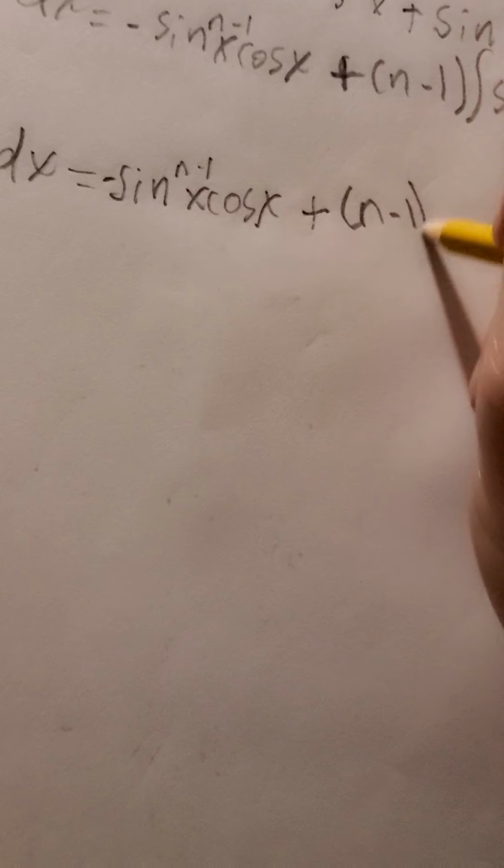And I'm going to have the integral of sine to the nth power of x dx equal to negative sine to the n minus 1 of x cosine x plus this n minus 1 times all this integral of, now sine to the n minus 2 times 1 is just sine to the n minus 2 of x, and then sine to the n minus 2 times sine squared is just going to give you your sine to the nth power back.